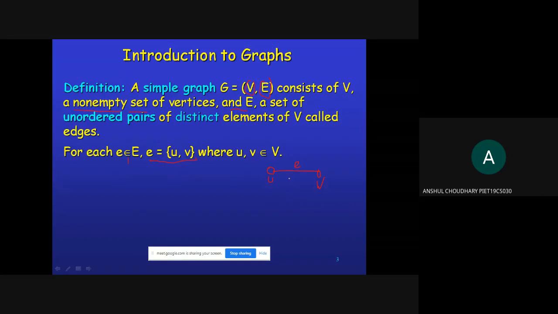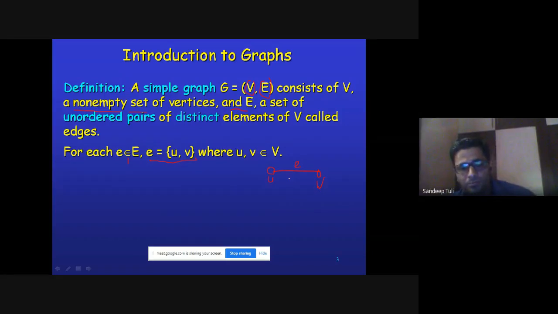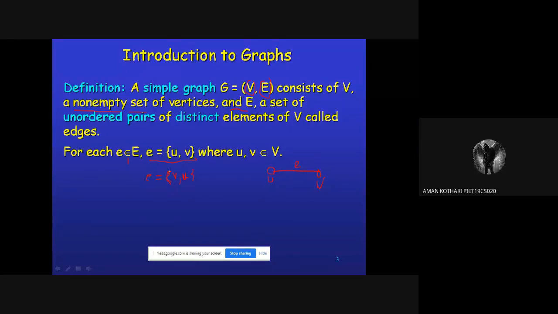Sir, having no relation. Anyone else? Okay, can I write it likewise? e is equal to V U. Suppose we are having an edge between U and V. Yes, sir, it will change the direction.